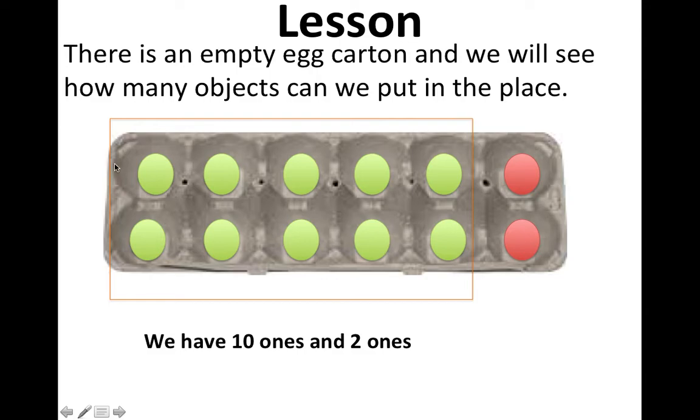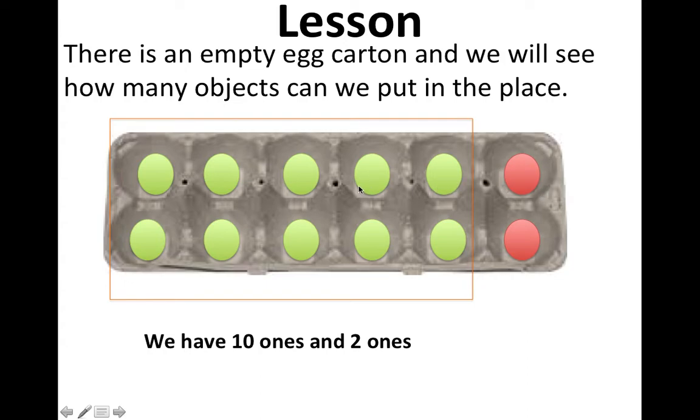So every time you see something that has 10 objects, we're going to put either a circle around it or a box around it to show that's a group of 10. The way we would say it in the 10 way is we have 10 ones and 2 ones. The reason why we say ones is because we have individual objects, meaning one egg goes inside one space.